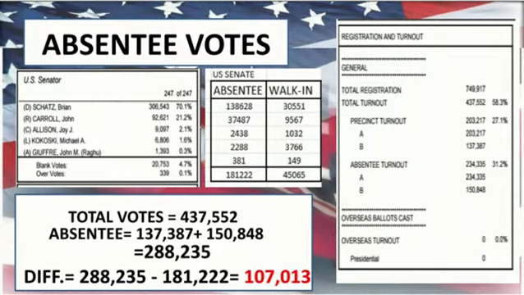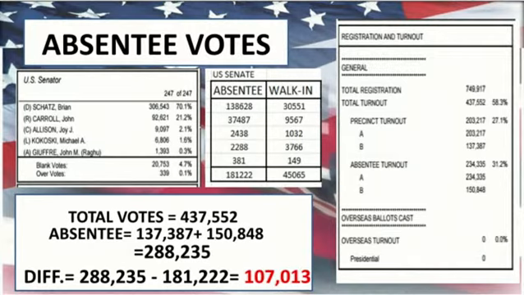Now, if you take a look at the absentee columns that is presented to us and given to us in the text files, you have 137,000 plus 150,000, which is equal to 288,000 of absentee votes. Now, the difference, if you took that from the precinct summary report, which is presented to us at 288,000, when you add up the two numbers, and then you have a 181,000 that is given to us, because you're supposed to combine the two numbers to get the total amount of absentee votes.